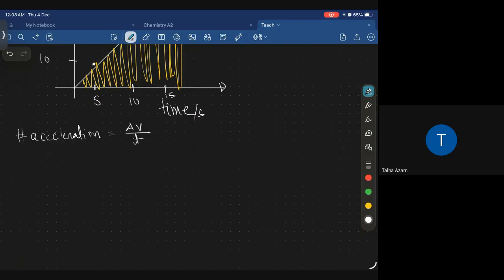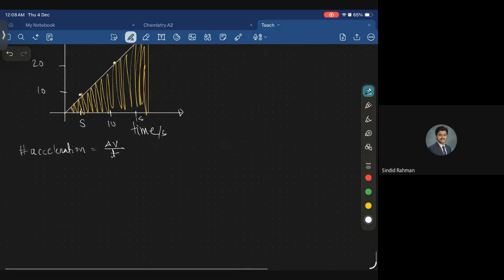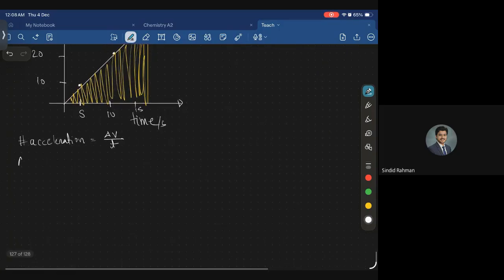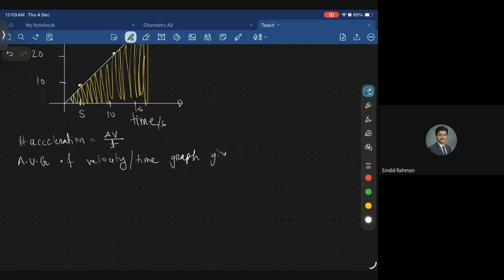And the area under the graph of velocity against time graph gives me what?